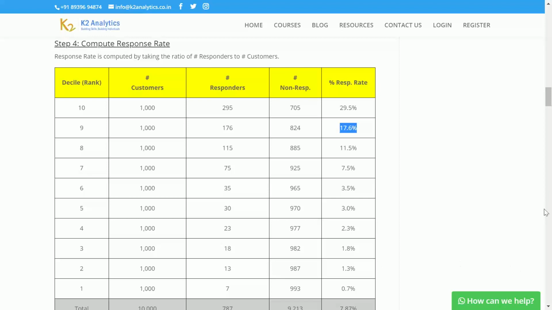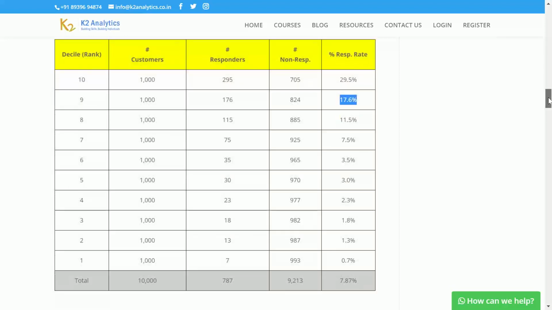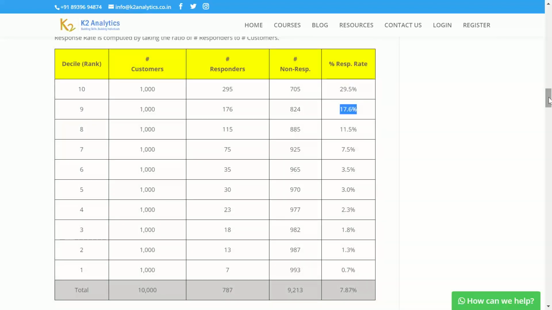And what is the overall response rate for our campaign? In our data that we have taken, this is hypothetical data which I have given to you for explanation of the rank ordering table. In this hypothetical data, the overall response rate is 7.87.